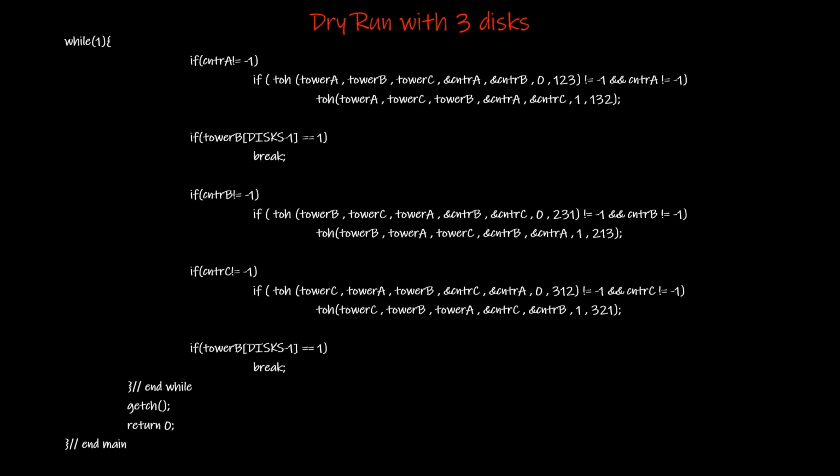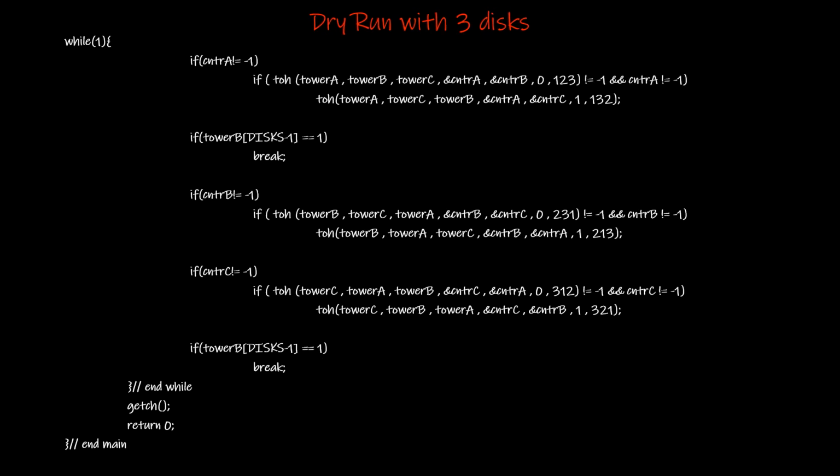Now let's go to the while loop. The condition is true, and it's going to be true always because the value of the conditional expression is 1. Then we go to the if condition. Is counter A not equal to -1? Yes, counter A value is 2 and therefore the condition is true.